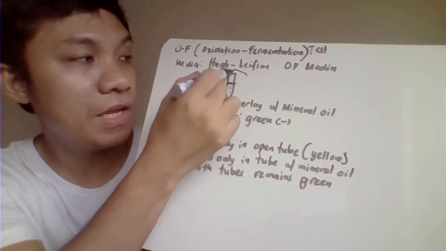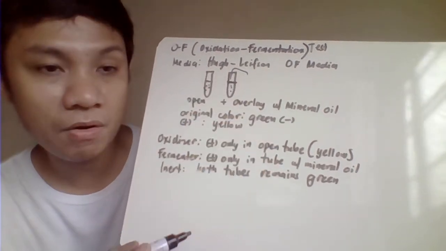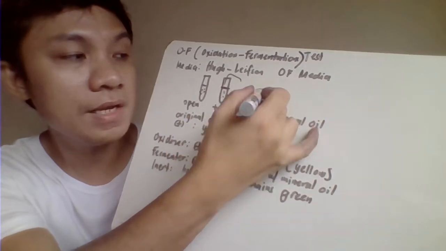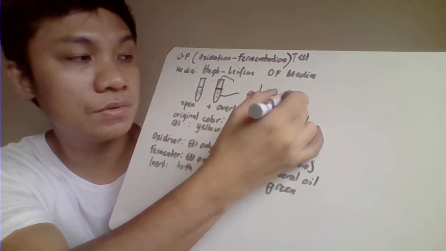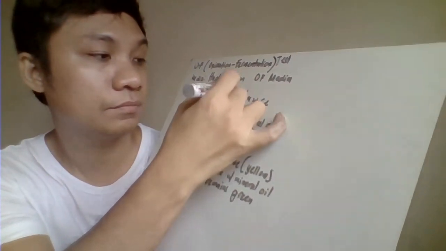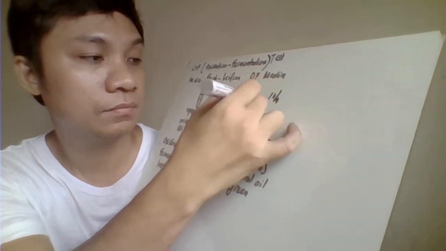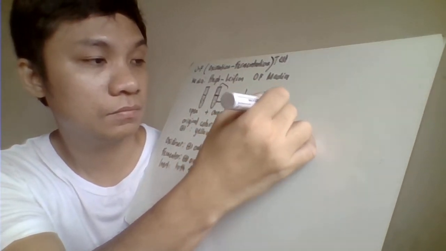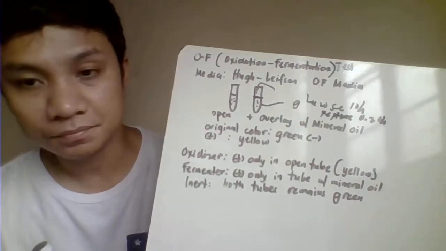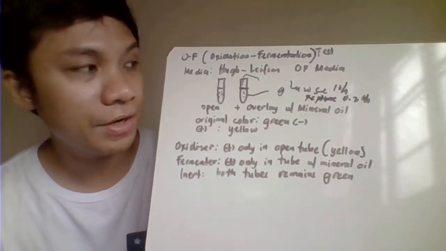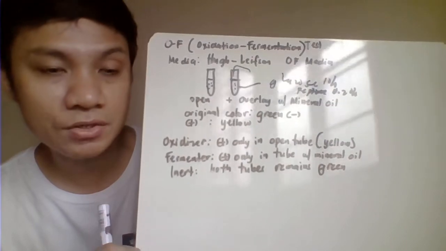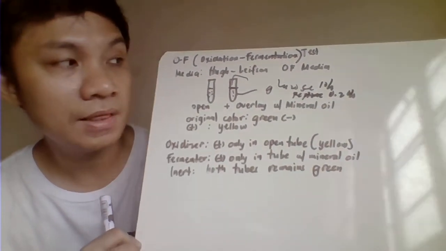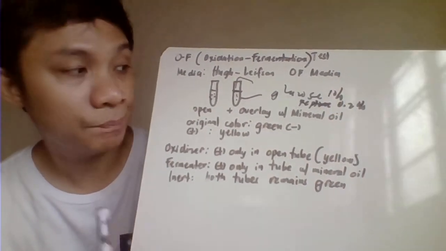The other one is being overlaid by your mineral oil. This one contains here your glucose, 1% glucose concentration and 0.2% peptone.